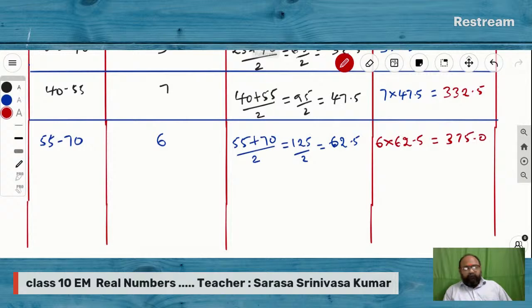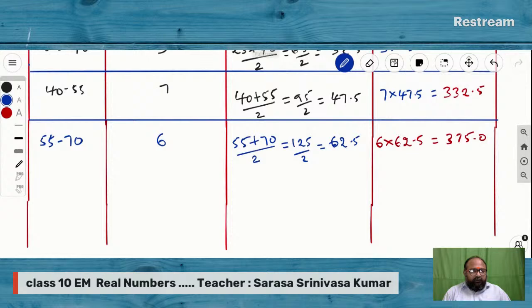We do not need to write the 0 here. So in the 55 to 70 interval there are 6 students. Now the last column is fi multiplied by xi: 6 multiplied by 62.5, that equal to 375.